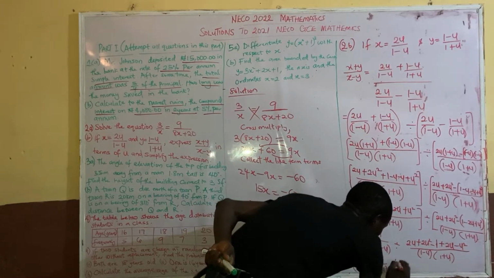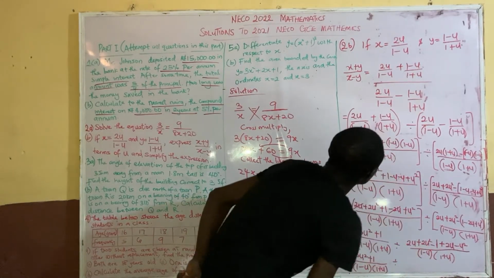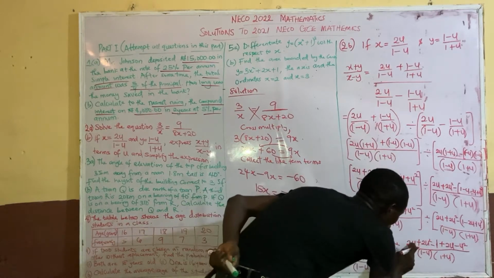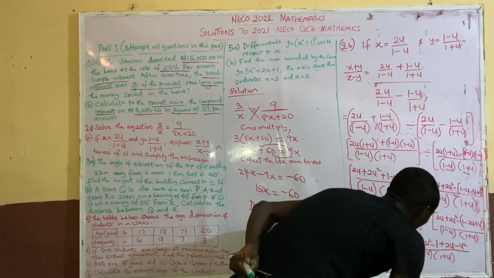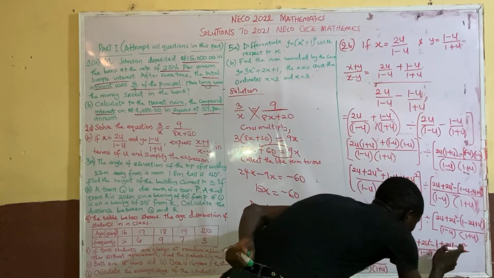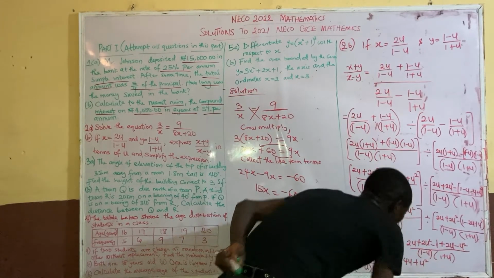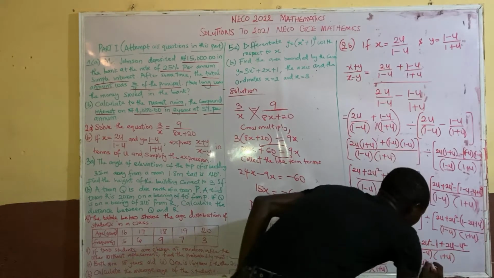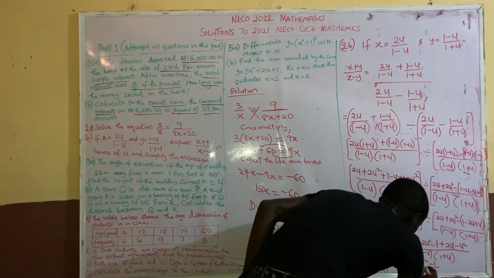Now divided by, now 2u plus 2u, we have 4u. Now plus 2u squared minus u squared, it gives you plus 1u squared minus 1 all over 1 minus u, 1 plus u, bracket close.